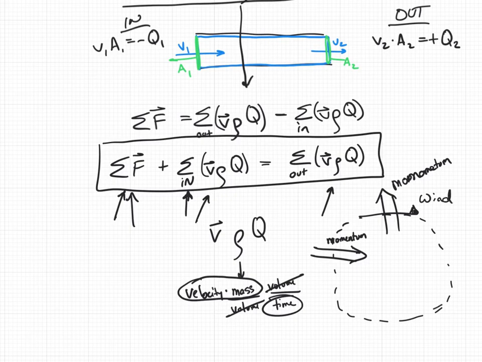There might be friction along these edges, causing it to lose momentum. There might be something pushing on this fluid, or pulling on it, though it's hard to pull on a fluid. There could be pressures on these sides pushing, and there are never pressures pulling. That's ultimately how this all works together.